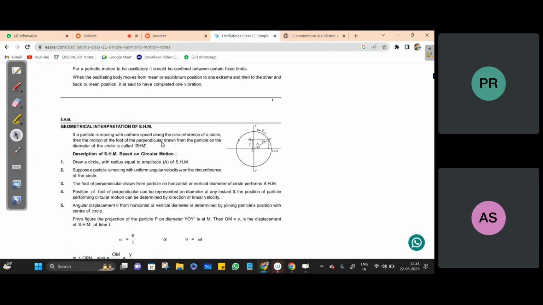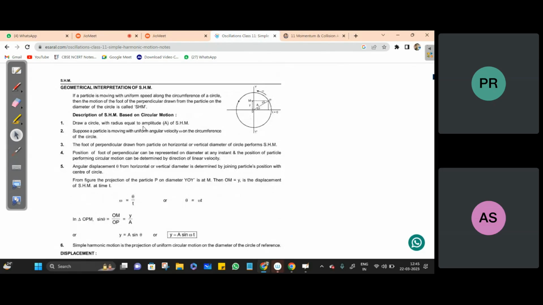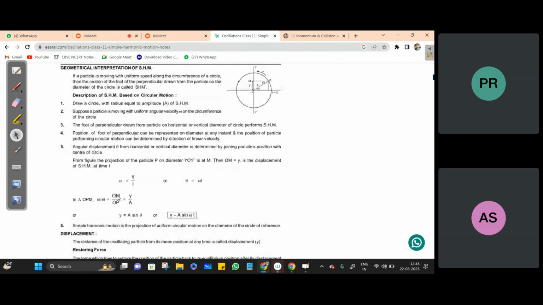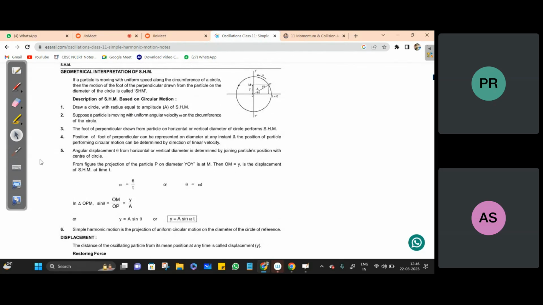Now, here you have to understand that when the frequency of the oscillating body becomes very high, meaning it completes a large number of oscillations in 1 second, then we start calling it vibration. That is the only difference between oscillation and vibration. When frequency is low, we call it oscillation.